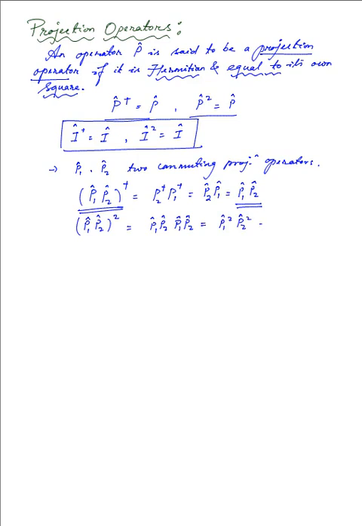Now since they are individually projection operators, we have P1 P2 back again, that is the product. So the square of the product is equal to the product itself. So the product of two commuting projection operators is also a projection operator, P1 P2.